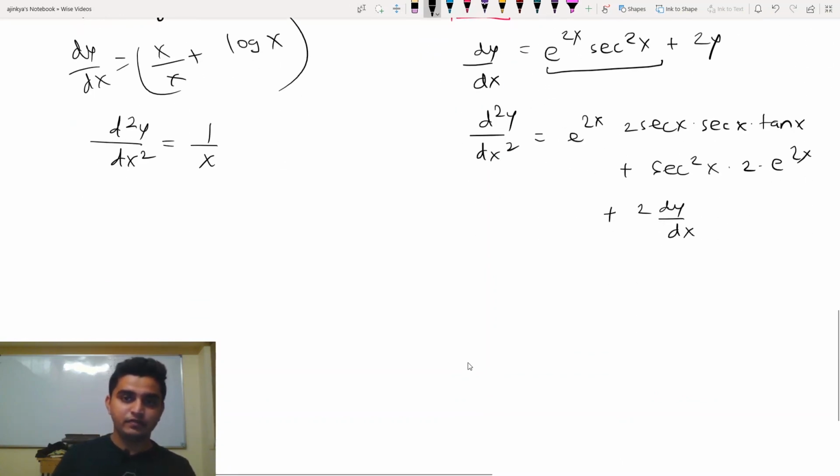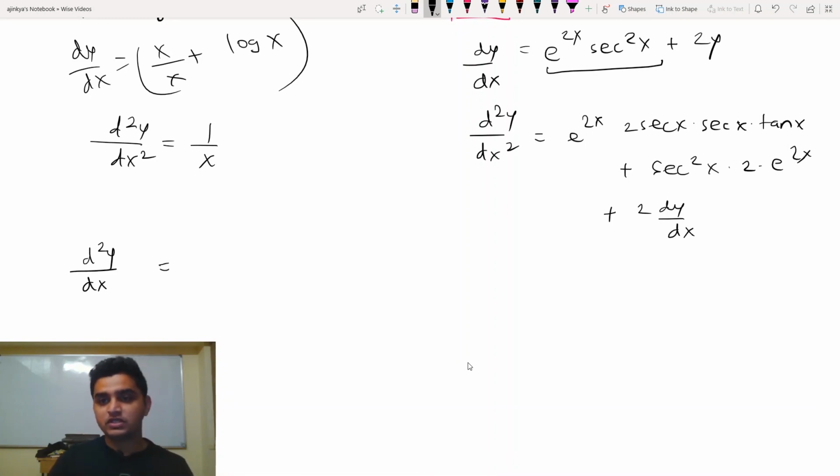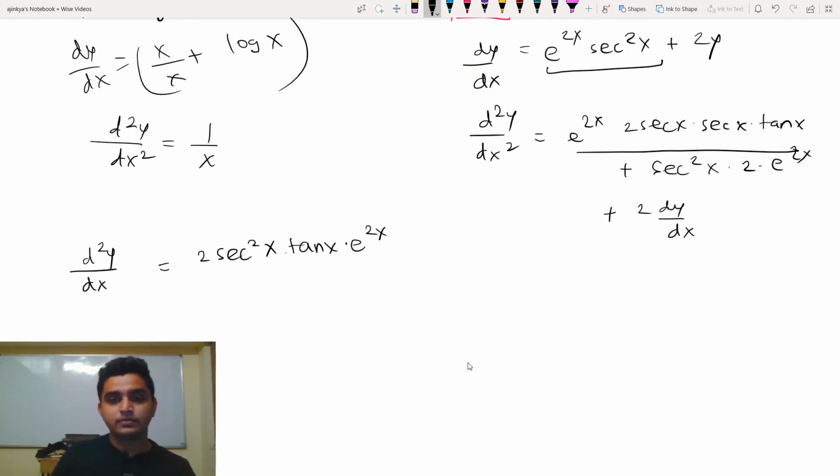So we have d2y upon dx squared as, from the first line over here, 2 sec square x times tan x times e raised to 2x plus, now we have e raised to 2x times 2 times sec square x plus 2 times the whole dy upon dx term.